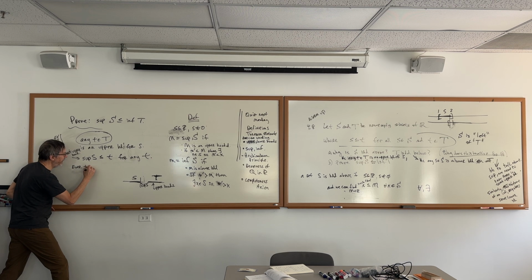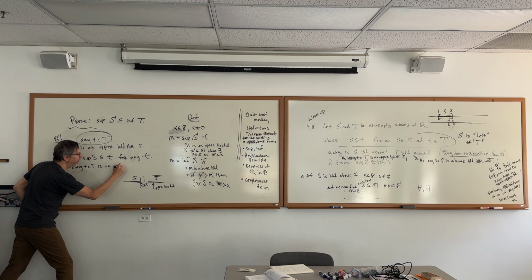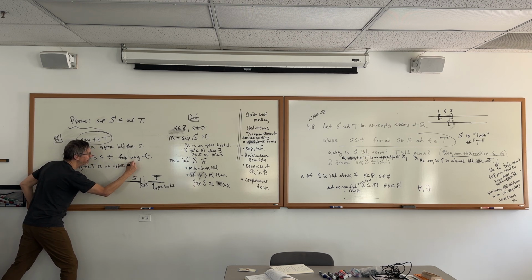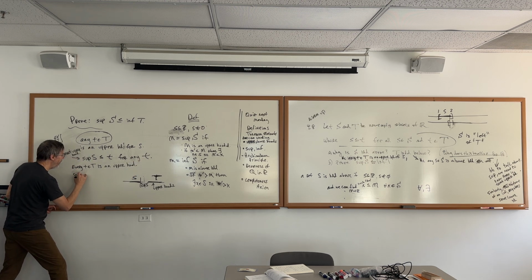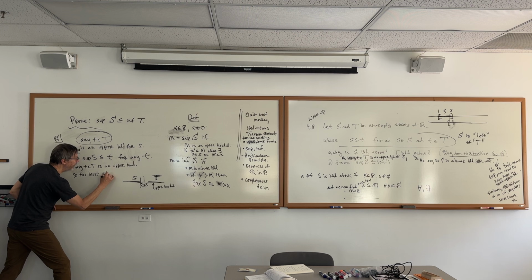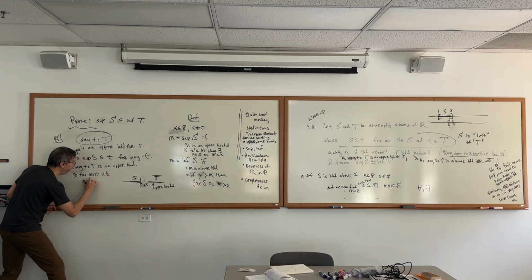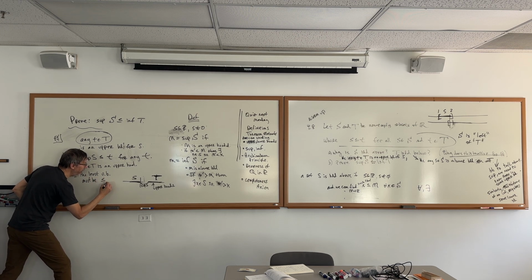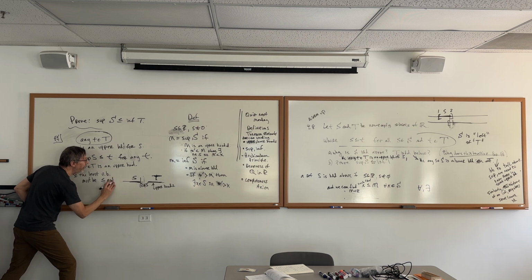So every t in T is an upper bound. So the least upper bound must be less than or equal to any other upper bound.